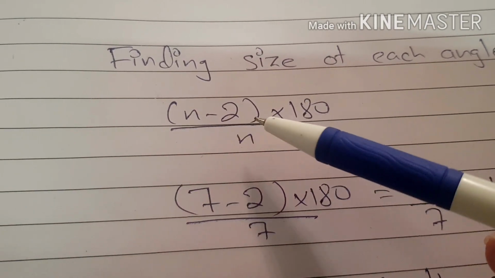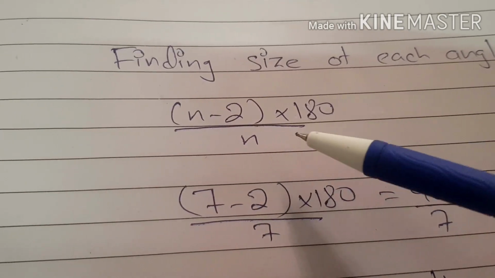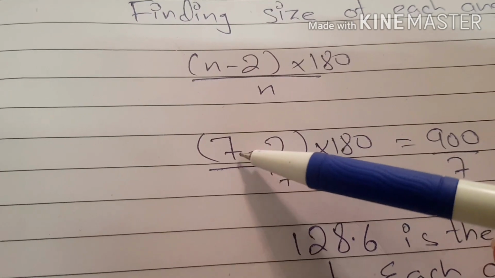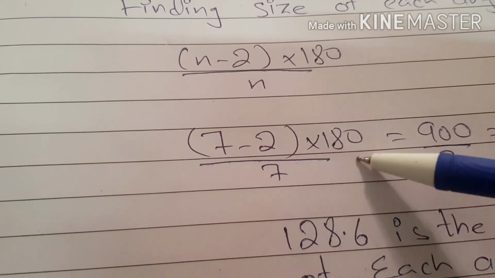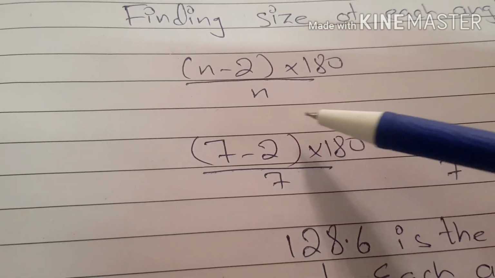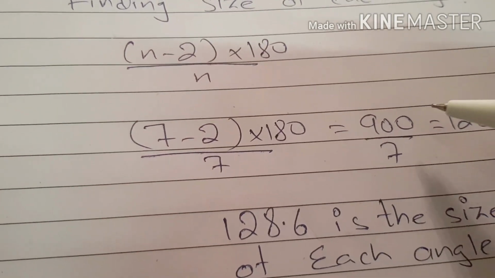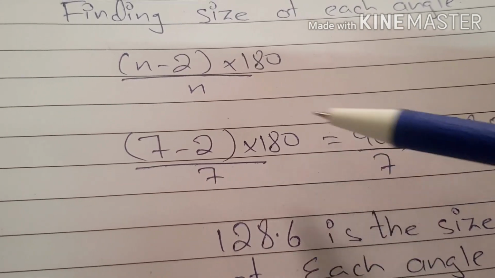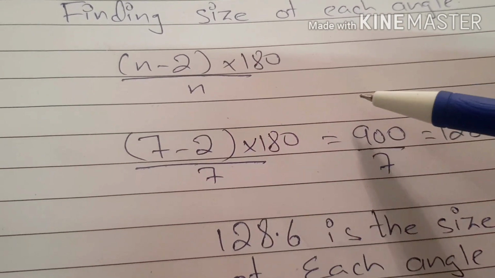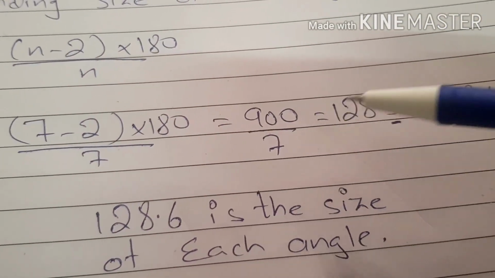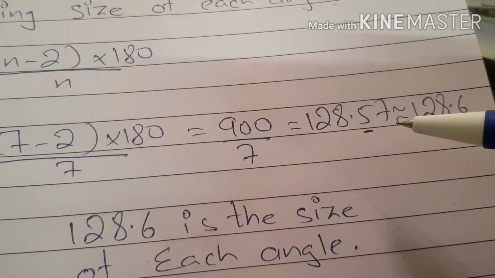Since it is a heptagon, the number of sides is 7, so (7 minus 2) into 180 upon 7. 7 minus 2 is 5. 5 into 180 is 900, upon 7. Then 900 divided by 7, you get 128.57.